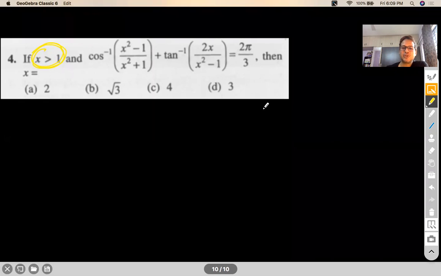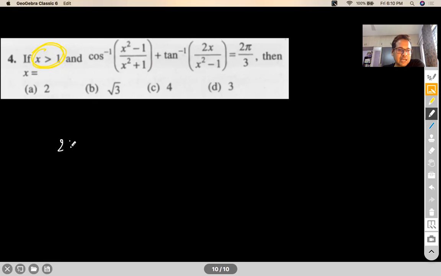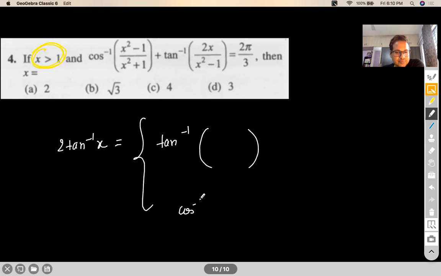Okay, good. So I can see one of the options being given by most of you except for one person. So we'll discuss that. Firstly, if your x is more than 1, let us write down the 2 tan inverse x formula in terms of tan inverse and in terms of cos inverse.